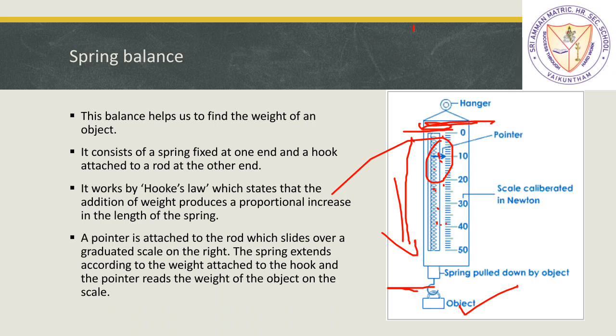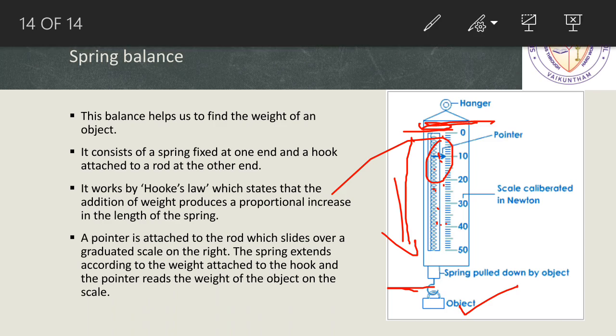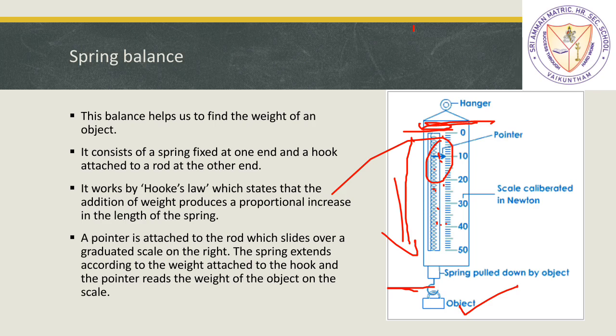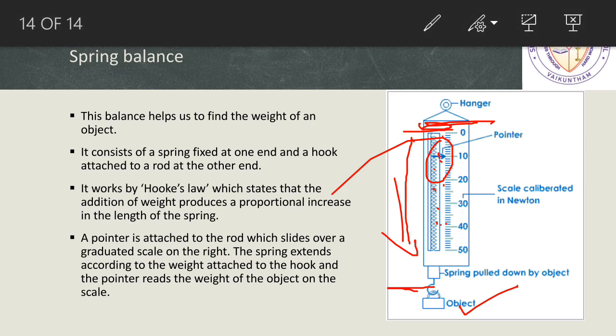A pointer is attached to the rod which slides over a graduated scale. You can see there is a scale which is written 0, 10, 20, 30, 40, 50 on the right. The spring extends according to the weight attached to the hook, and the pointer reads the weight of the object on the scale. When you put some weight on this hook, the spring will expand.